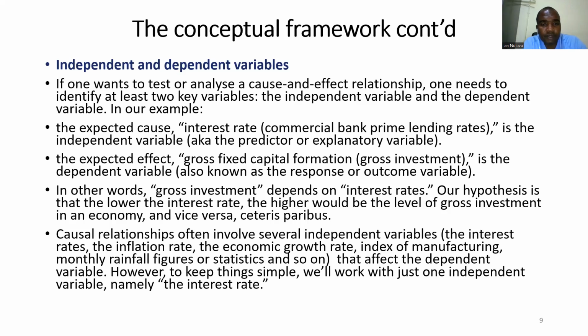The expected effect, which is changes in gross fixed capital formation or gross investment, is the dependent variable, also known as the response or outcome variable. So these variables have many names.